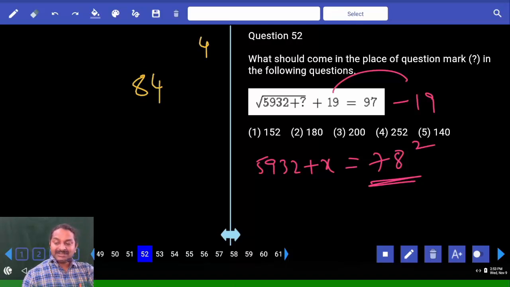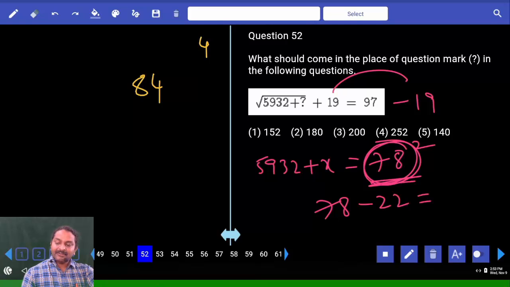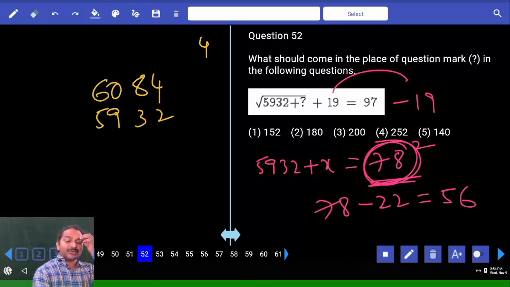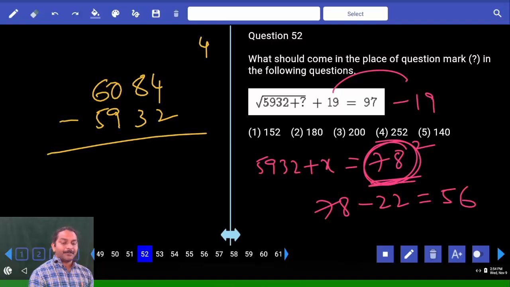Now subtract 22 from 78. How much is that? 56 plus carry 60. Left hand side 59, 32 goes to the other side, becomes a negative number. 2, 5, 1.